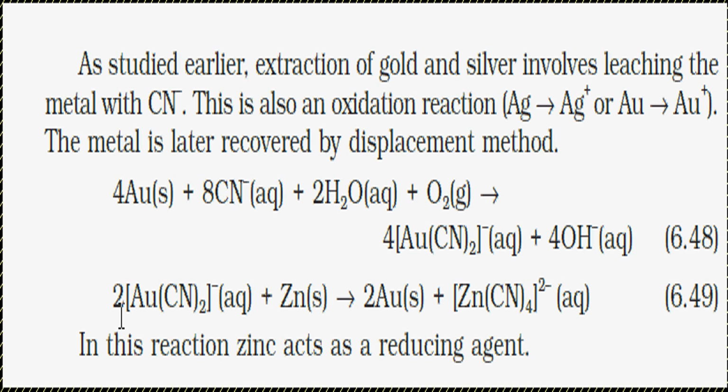And further in the second step, this complex will react with Zn to give you [Zn(CN)4] 2 minus complex ion. Further here you will have K2[Zn(CN)4] complex, and Au metal, that is gold, will be separated. In this reaction, Zn acts as a reducing agent.